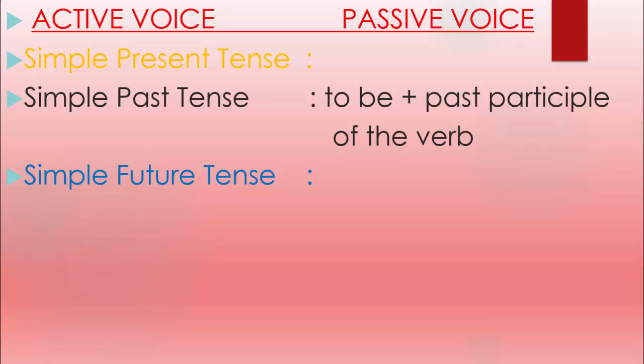The trick is that if there is simple present tense, simple past tense and simple future tense, that time use a formula, that is to be plus past participle of the verb. Let me explain in detail which are the helping verbs of to be.